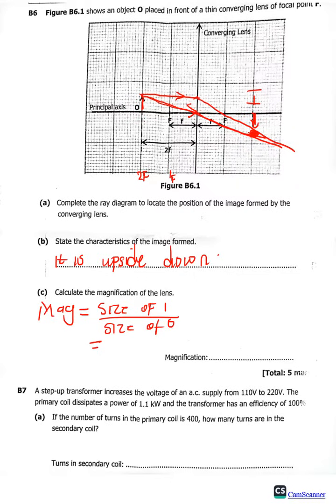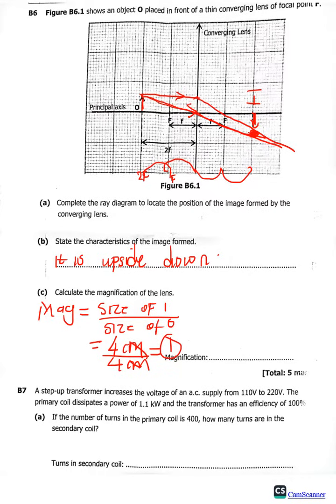Provided you've used the ruler, we expect the two to have the same heights. Let's say this scale is 2 centimeters and here also 2 centimeters, so the size of the object is 4 centimeters divided by 4 centimeters. If we cancel this, we have 1.